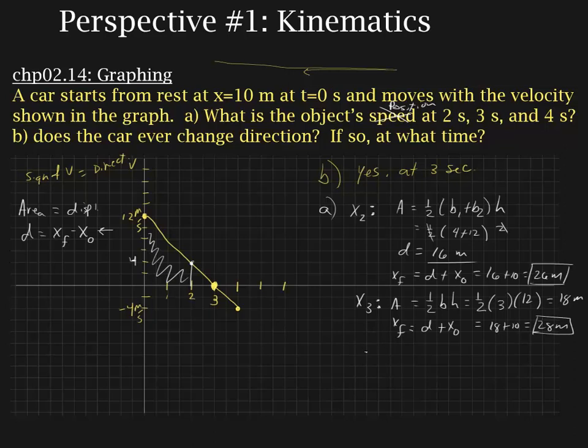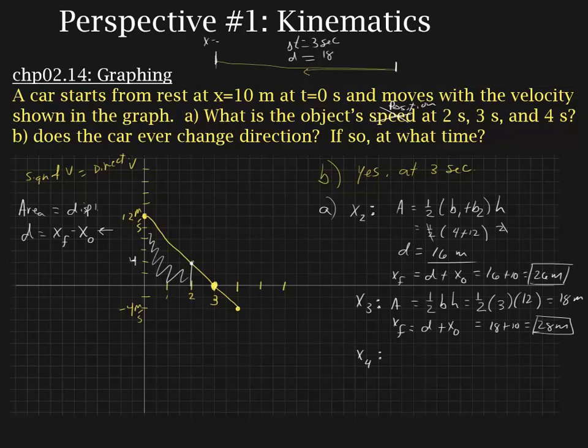Finally, we get to the position at t equals 4 seconds. Before we do this, let's just conceptualize what's going on here a little bit. What we have at 3 seconds is a change in direction. From here to here, this time interval, delta t, was 3 seconds, and the displacement from one side to the other was equal to 18 meters.